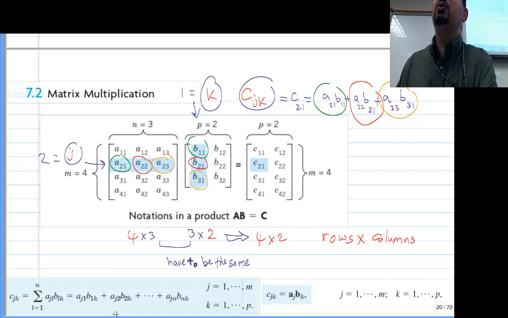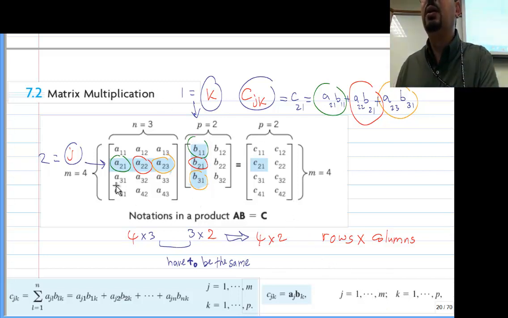But the element in the second row will come from the second row in the first matrix. And the element in the first column will come from the first column of the second one. So basically the row of the element comes from the row of the first, and the column comes from the column of the second. We'll see an example about this in a second.